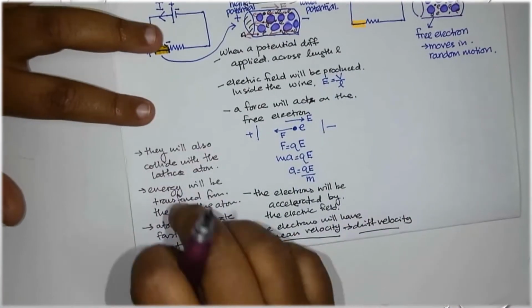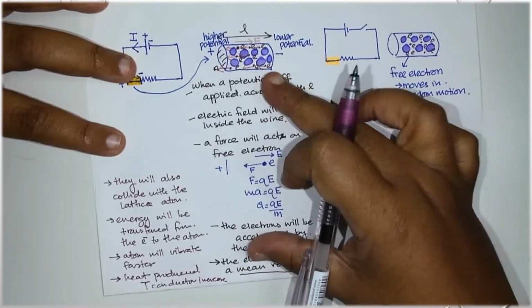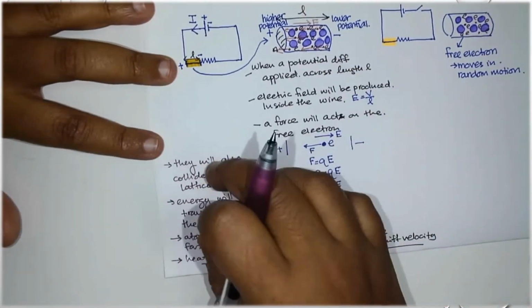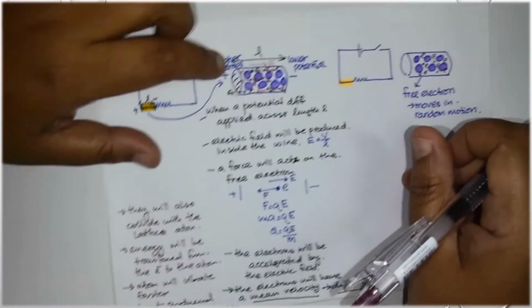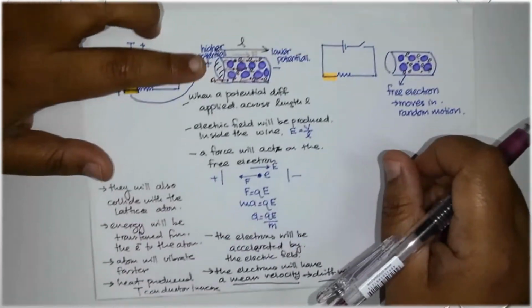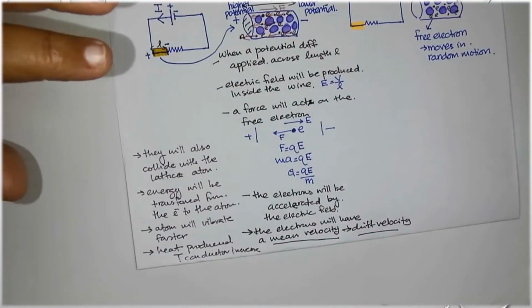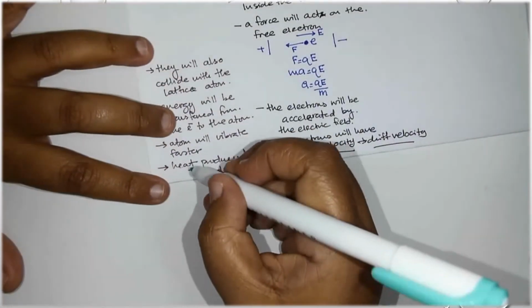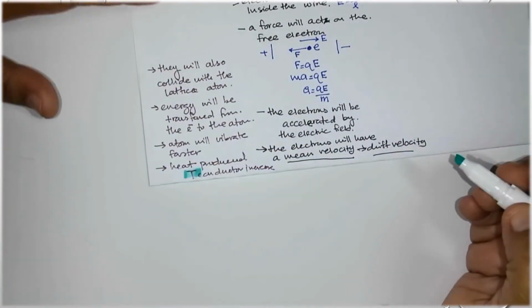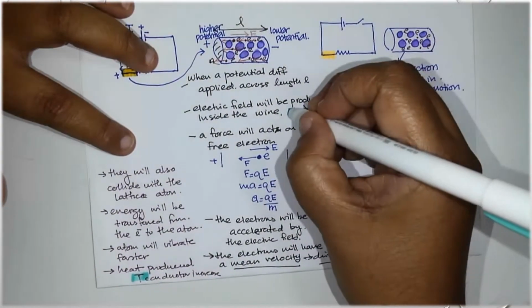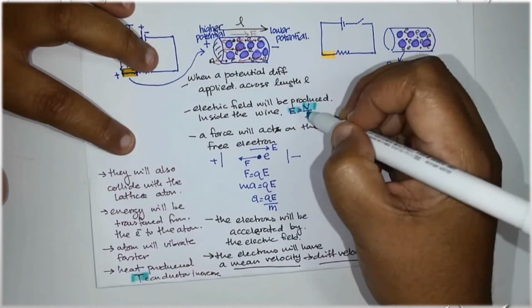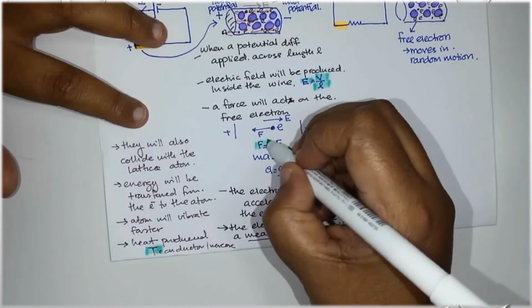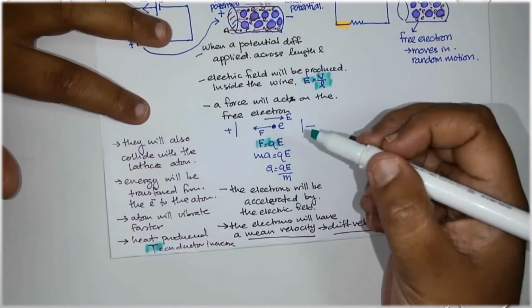Now this has nothing to do with the mechanism of the conduction of electrons, but I'm trying to tell you another story of what happens when the electron accelerates. So you will notice that the conduction of electricity is also related to temperature. Okay, it is related to E, to V, to L, to F, to Q. What else is related?